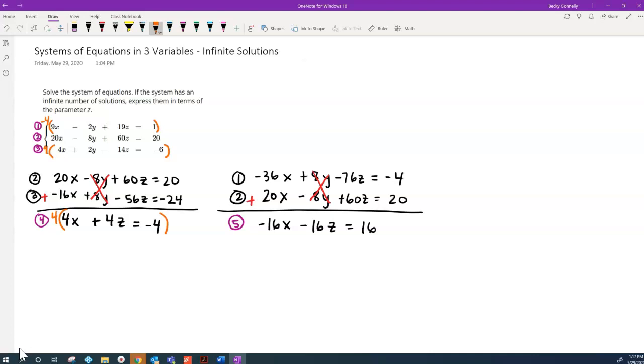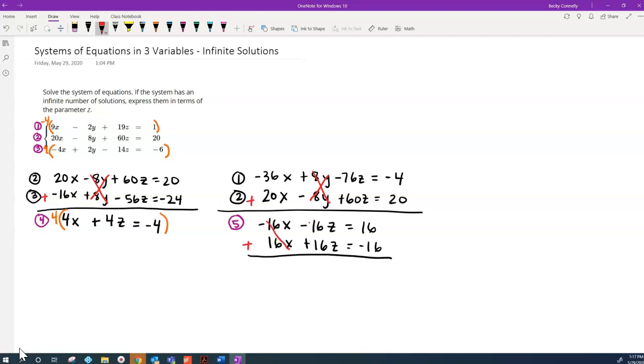So let me go ahead and do that. And I'll write it underneath here. So I've got 16x plus 16z equals negative 16. And so at this point, when I add these both together, something different happens than in some of the ones that we came up with.